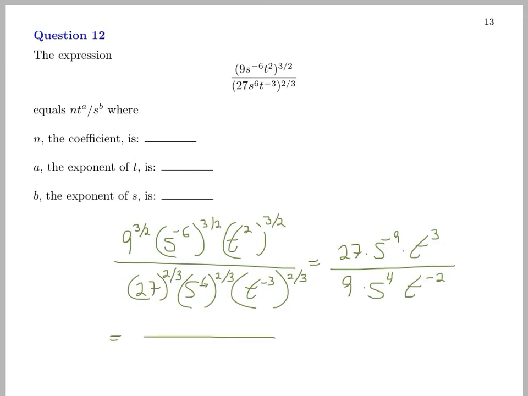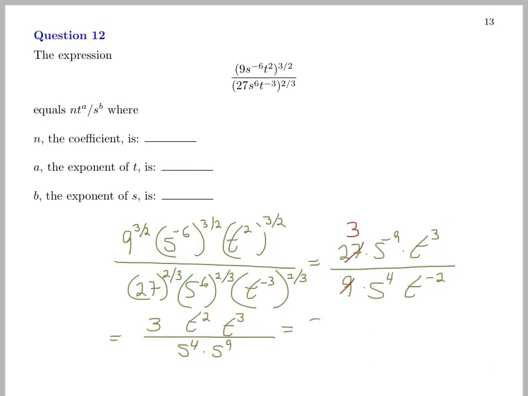Okay, we can cancel a 9, right? So we get 3. Then we have an s to the 4th in the denominator and a t cubed in the numerator. We have an s to the minus 9 in the numerator, which we can move down to the denominator by making it a plus 9. And similarly, the t to the minus 2 can move upstairs as a t to the plus 2.